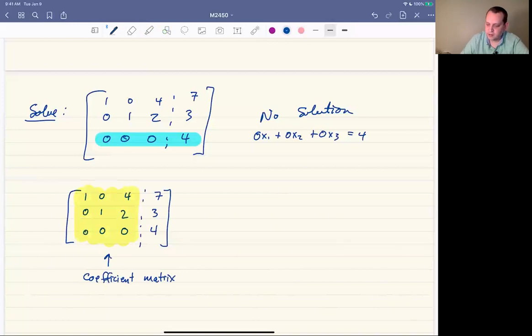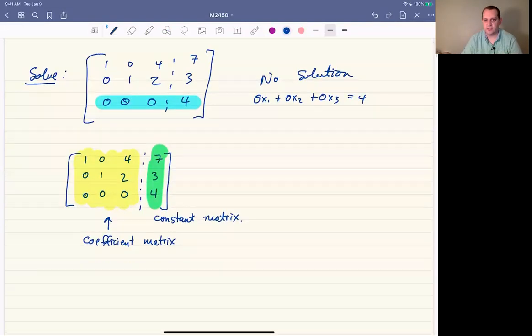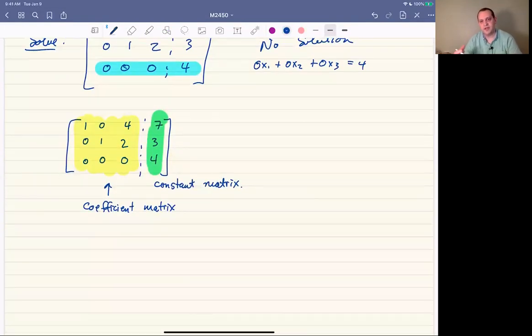And this last part, after the dots, is called the constant matrix, because that's the constant terms. So in the first part, you have the coefficients of the system, x1, x2, x3, and the last part, you have the constants. So sometimes they may refer to the coefficient matrix and the constant matrix, and that's what I'm talking about.